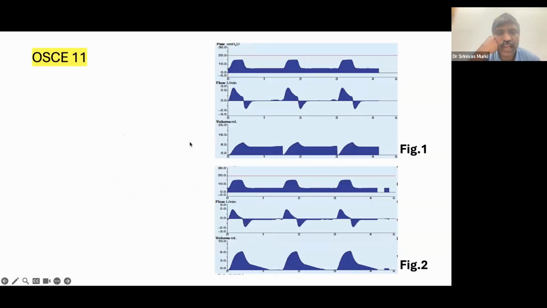Wonderful. Figure 1 is showing leak, correct? You can see that the inspiratory flow is not able to come down to 0. And you can see that the inspiratory tidal volume has not come to 0. So there is a large leak in the first figure.